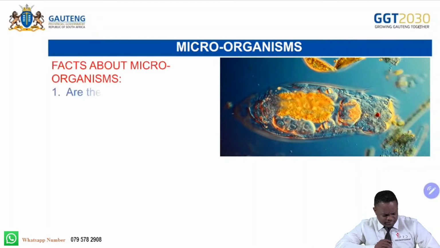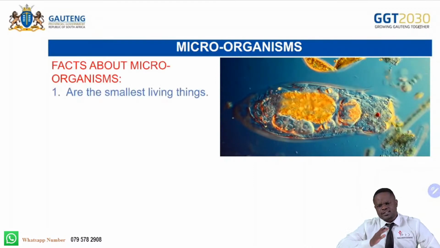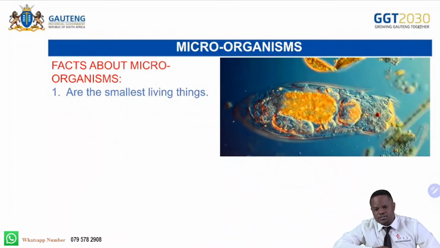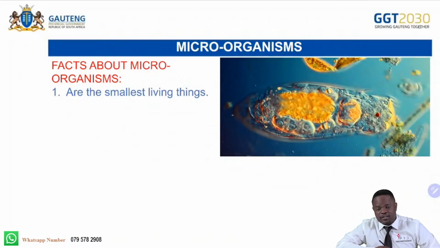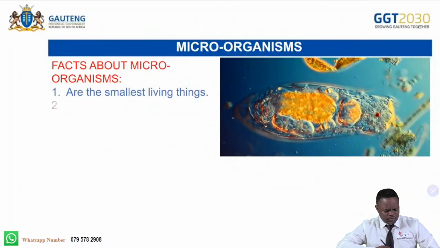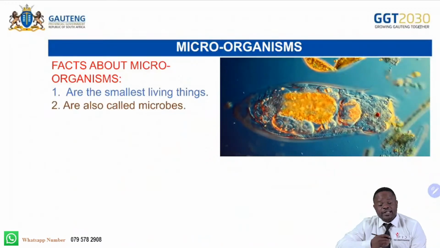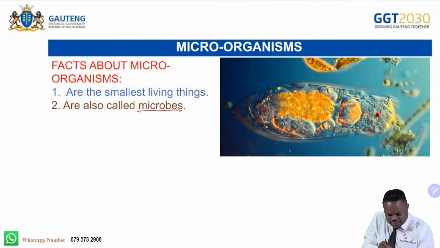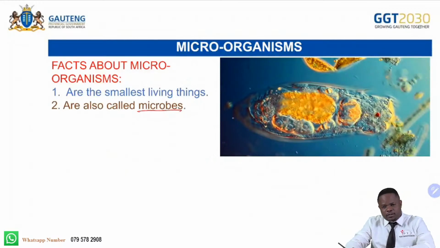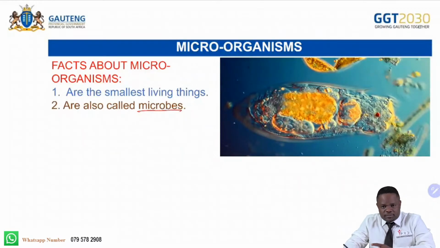Number one, these are the smallest living things. You cannot see them by the naked eye unless you magnify them. So they are very small. And then we can also refer to them as microbes. So whenever you see the term microbes, know that you're talking about these microorganisms.